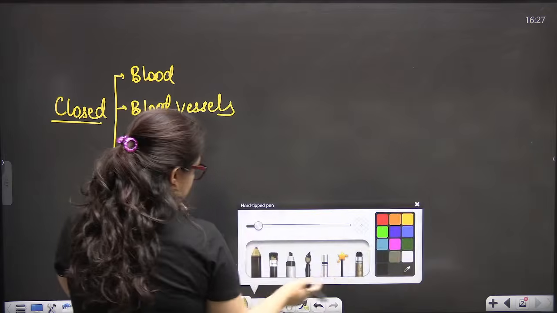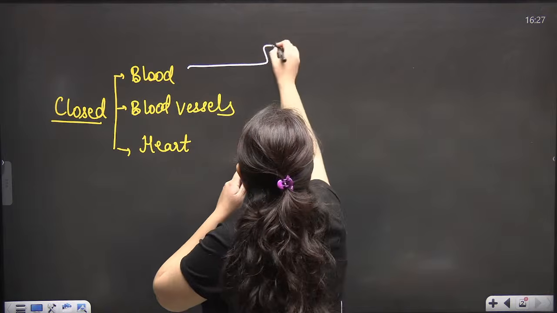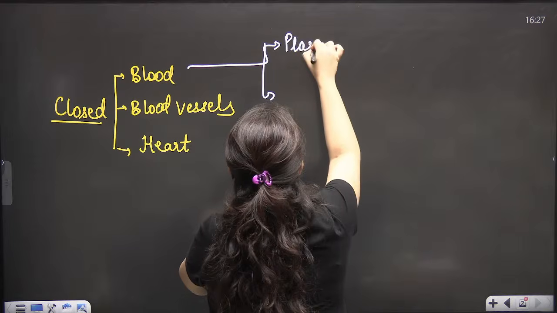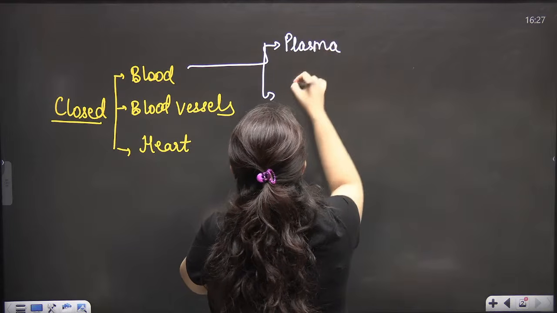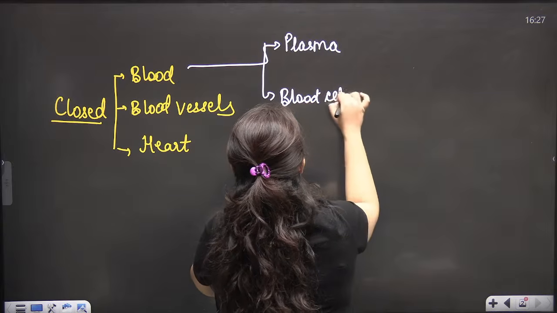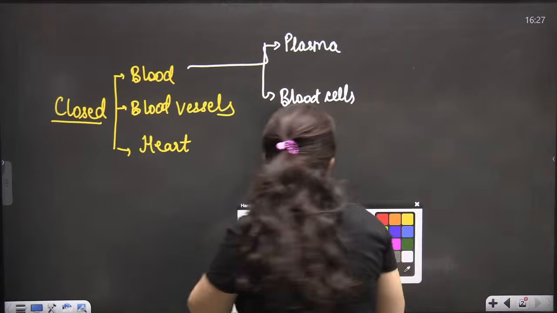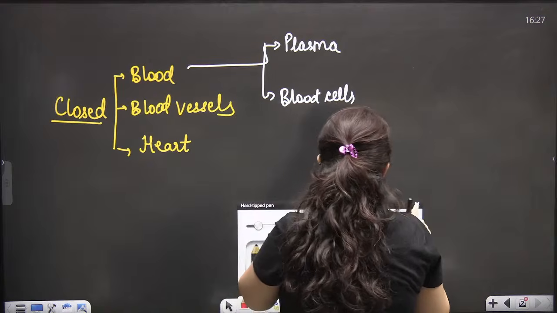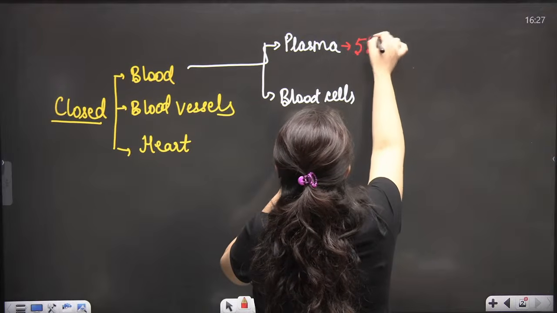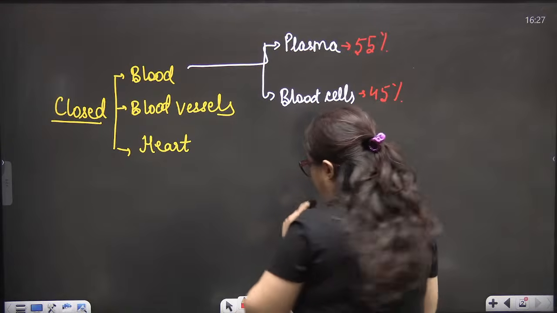Blood is a fluid that is composed of two components: plasma and blood cells. Plasma means definitely a fluid, lots of water is present, this constituent 55%, this constituent 45%.